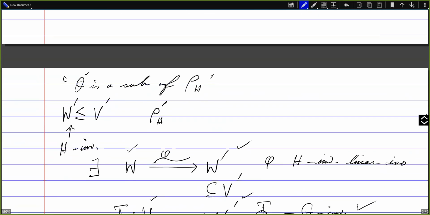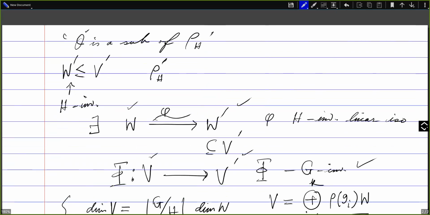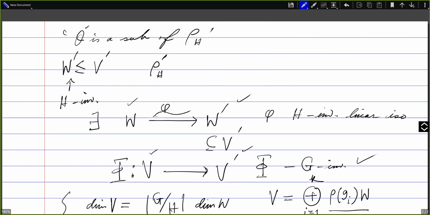So after the assumption that W is an H invariant subspace of V, we have an isomorphism from W to W prime. This isomorphism is there because theta also induces rho prime.